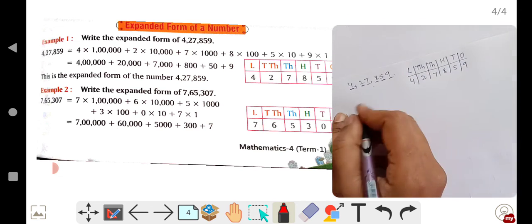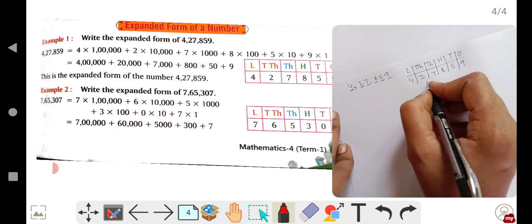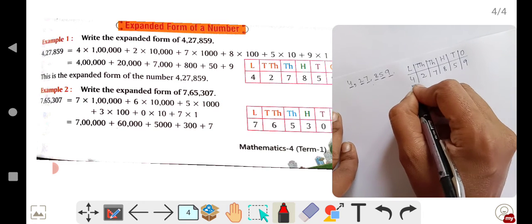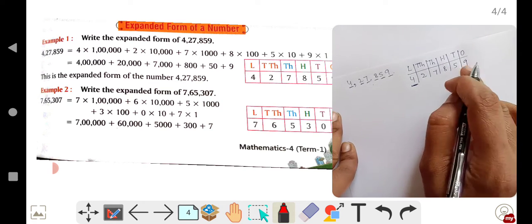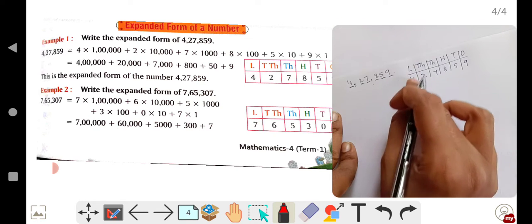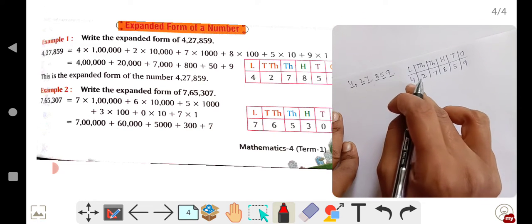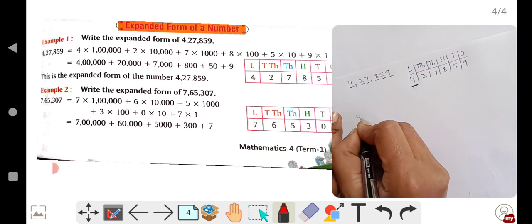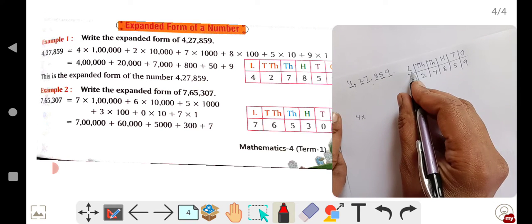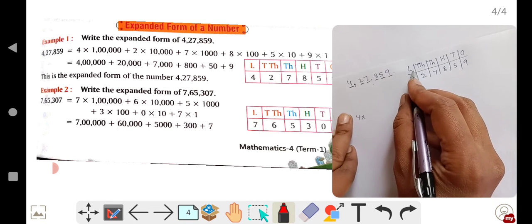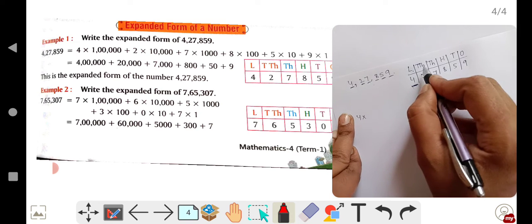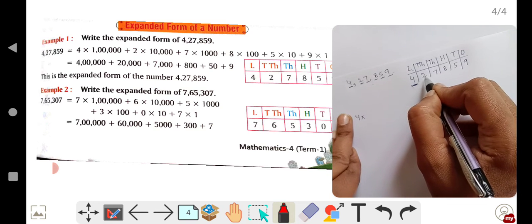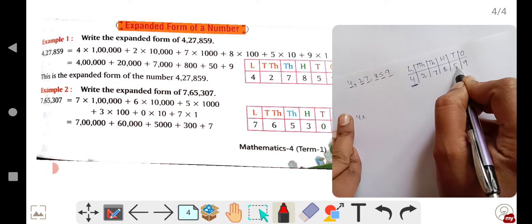Now what we need to do? We'll start from 4 while writing from this side. But while writing the expanded form, always you have to start from the last digit. So 4 is in 1 lakh's place. After 4, how many digits are there? 1, 2, 3, 4, 5.